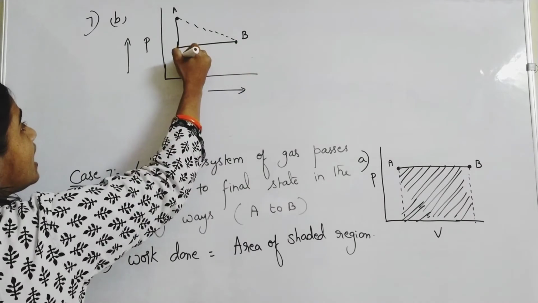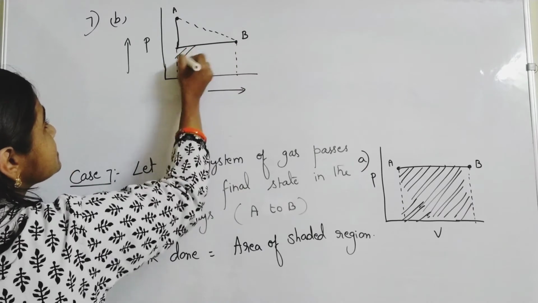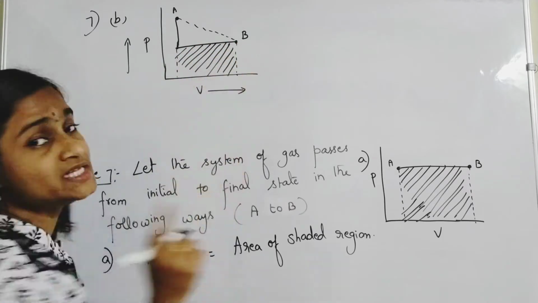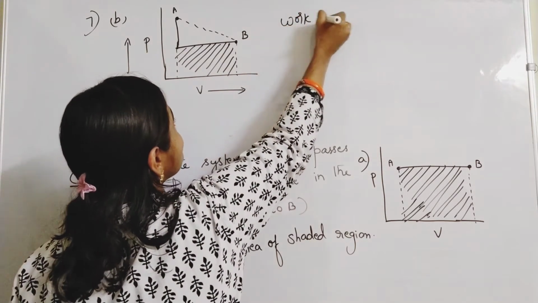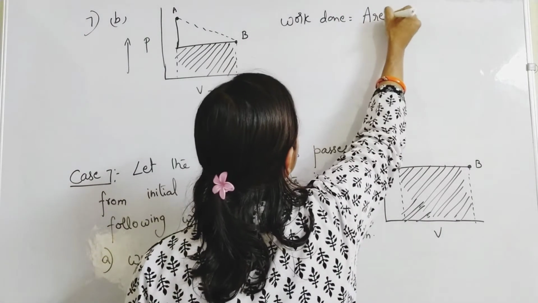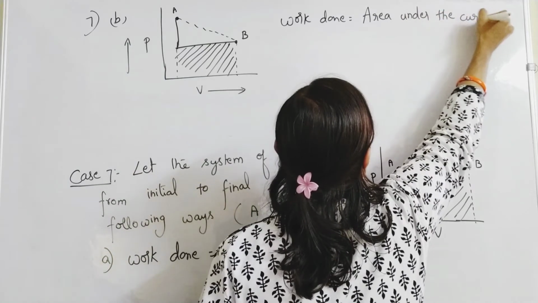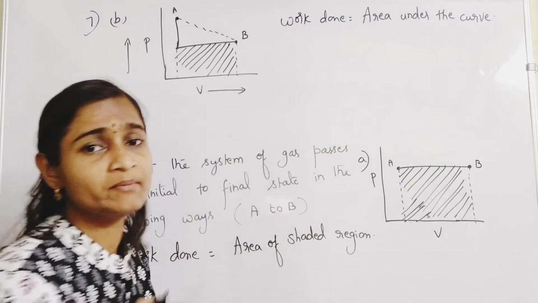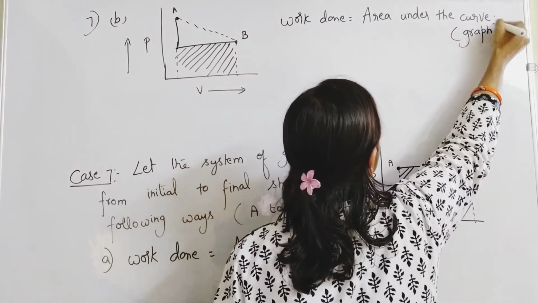Now, area under the curve means which area will you get? This is the shaded region. Area under the curve, please remember. So work done in this case is equal to what? Area under the curve, or better you say area under the graph, since here it is not looking like a curve.